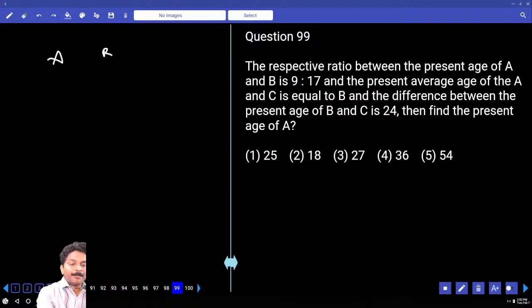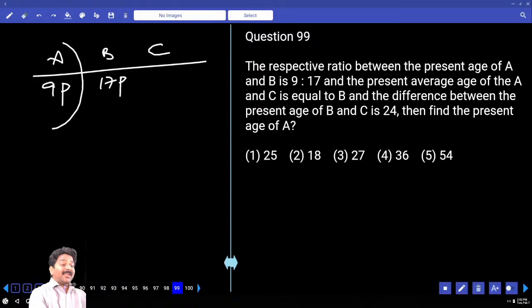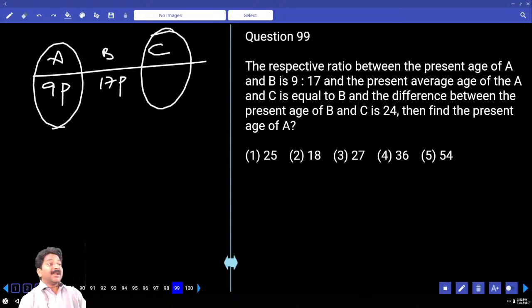A, B and C. A is 9 parts. B is 17 parts. Next condition says average of A and C is B. How much is B? If the average for 2 members is 17, the sum must be 34.